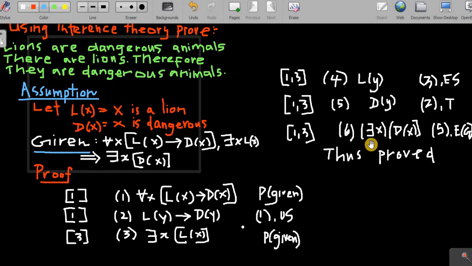Step number 6 is that there exists x for which they are dangerous. There exist some animals which are dangerous. How does that come? From the previous step number 5. Step 5 is true for a particular animal y, that is dangerous. If it is true, then for some x this is true. That means there exists x, D of x. There exist x which are dangerous.